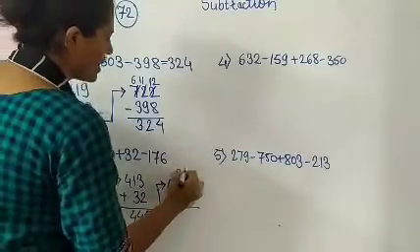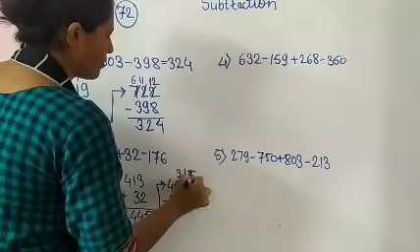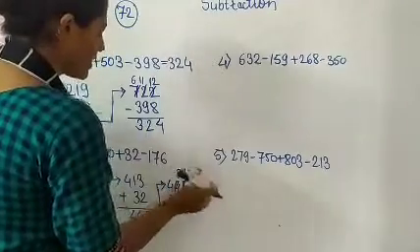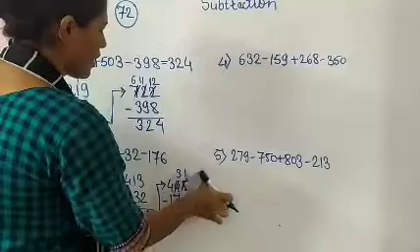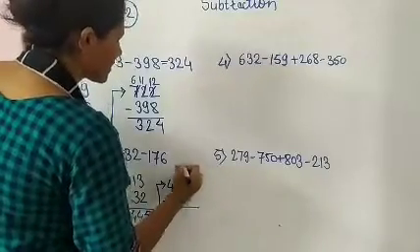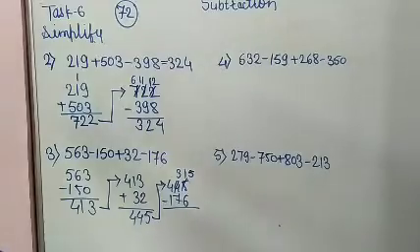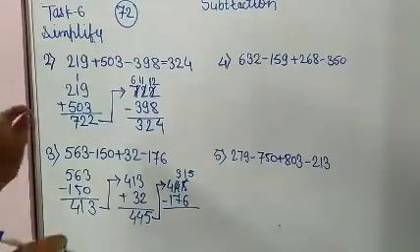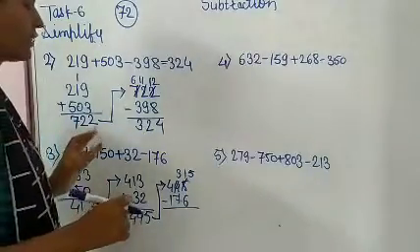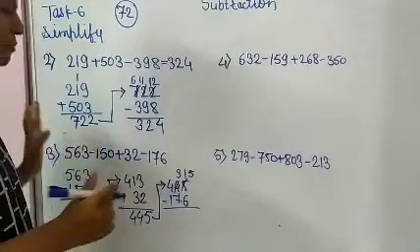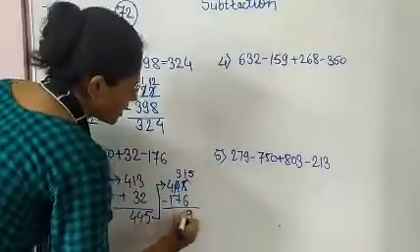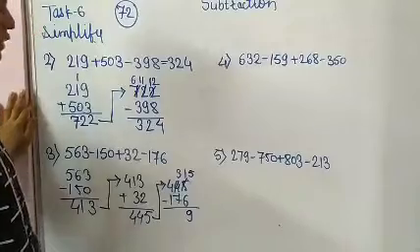Here it becomes 3 and here it becomes 15. So now 15 minus 6. So how much is it? 15 minus 6. From 6 to 15 count. 7, 8, 9, 10, 11, 12, 13, 14, 15. It is a 9. Now 4 minus 3 we can do it?